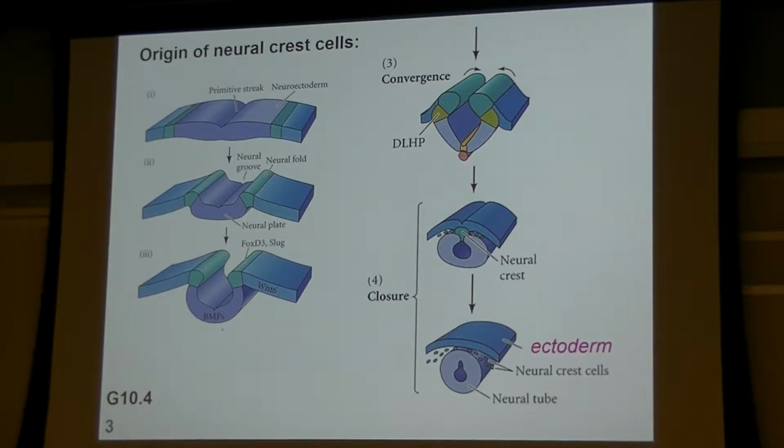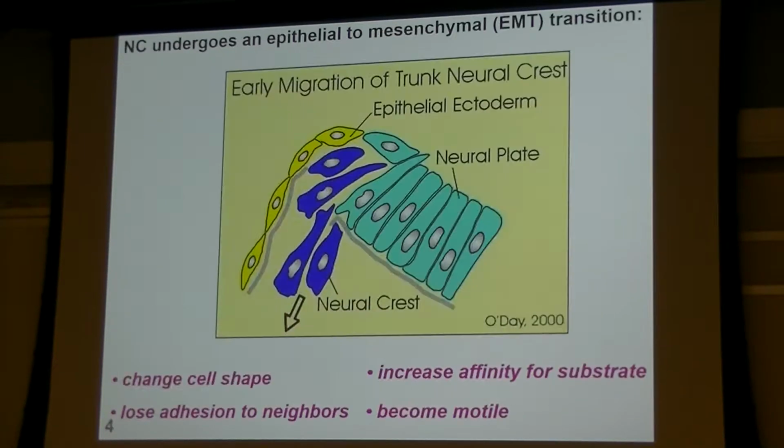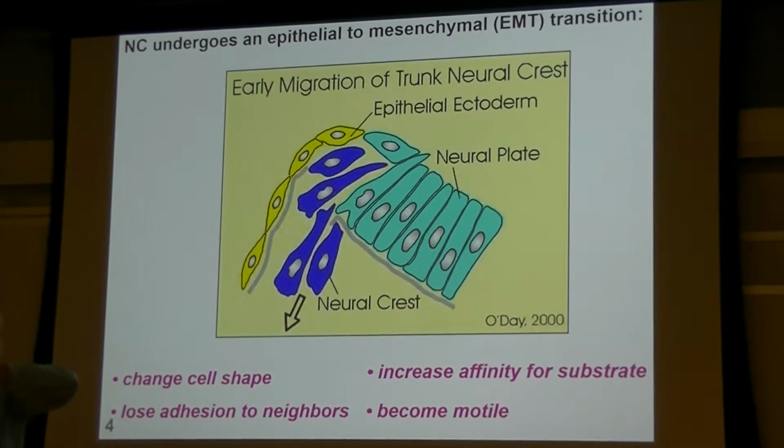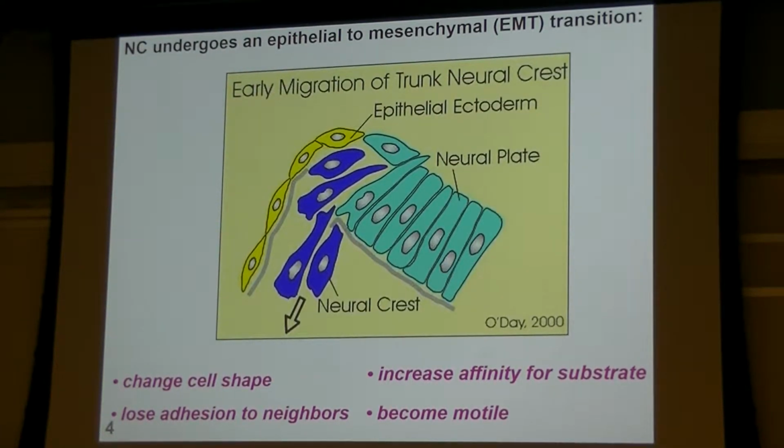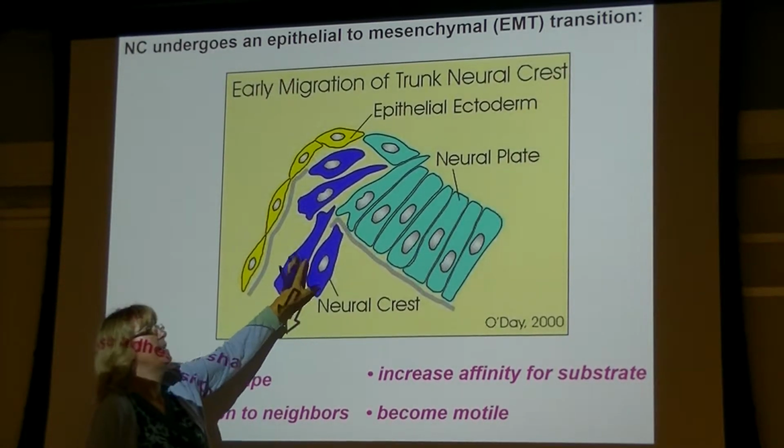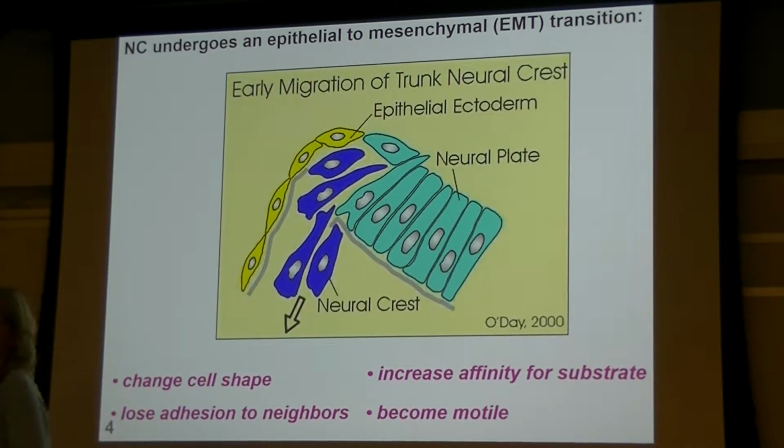Okay, so then as neurulation proceeds, and the neural plate is beginning to buckle inward to form the neural groove, we have these cells that are going to become neural crest cells right at the ridges there. These cells are going to have to change their organization within the embryo.